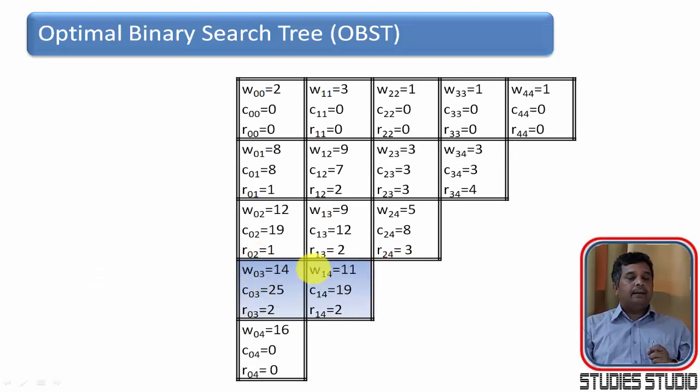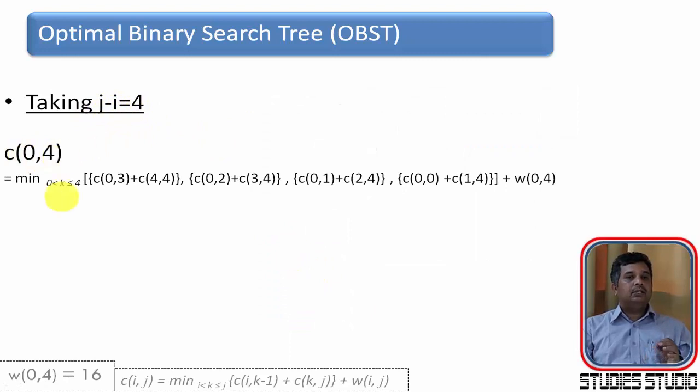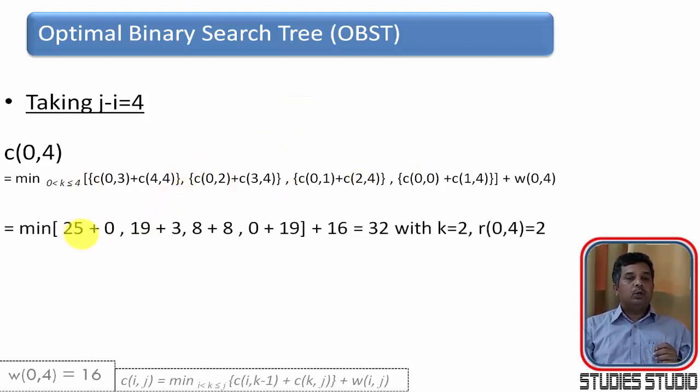So you fill the data again for j minus i equal to 4. It means the C04 value. So here k is supposed to satisfy for 4, then for 3, then for 2 and then for 1. So these are the data that we need to calculate. And the values that we are going to get are 25 plus 0, 19 plus 3, 8 plus 8 and 0 plus 19.